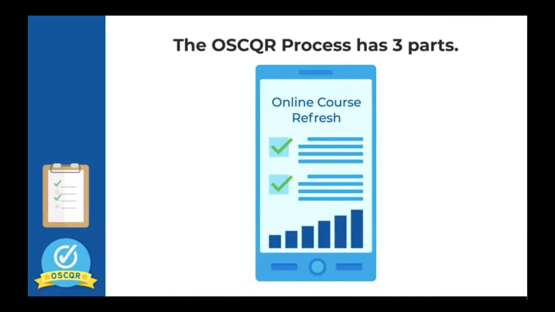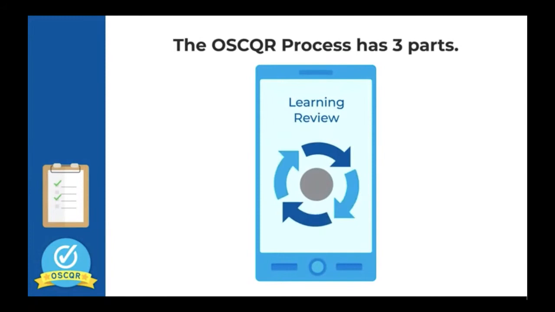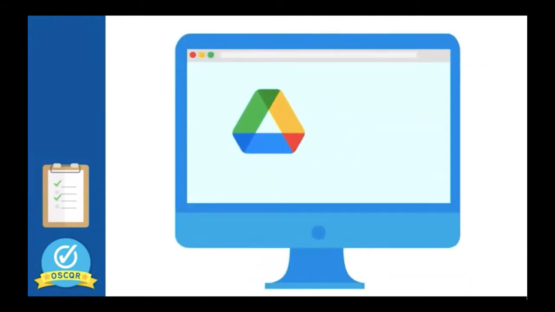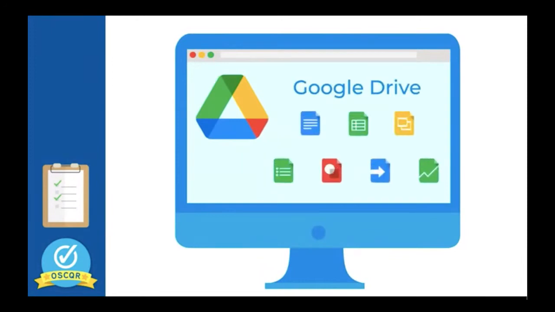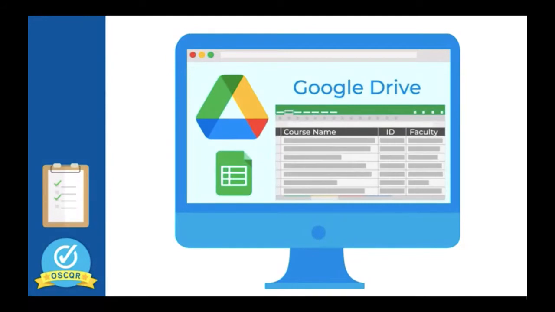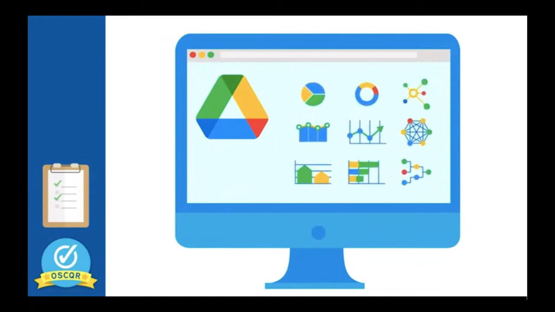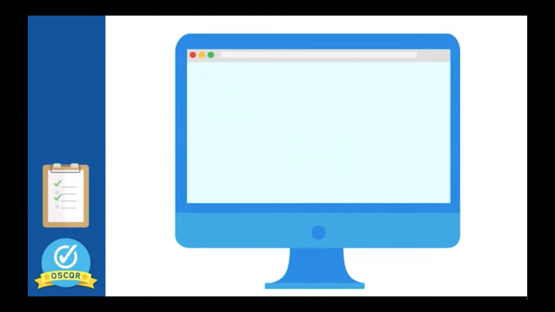After the identified areas have been refreshed and implemented, the learning review closes the continuous improvement loop to confirm the success of the changes made and the development of a plan for the next set of improvements. The dashboard is housed in Google Drive, which allows for free storage and collaboration. It automates campus-level review efforts and accommodates customized rubrics by managing all the rubrics for the institution. Built-in analytics track course review progress and can be used to identify online course design trends.